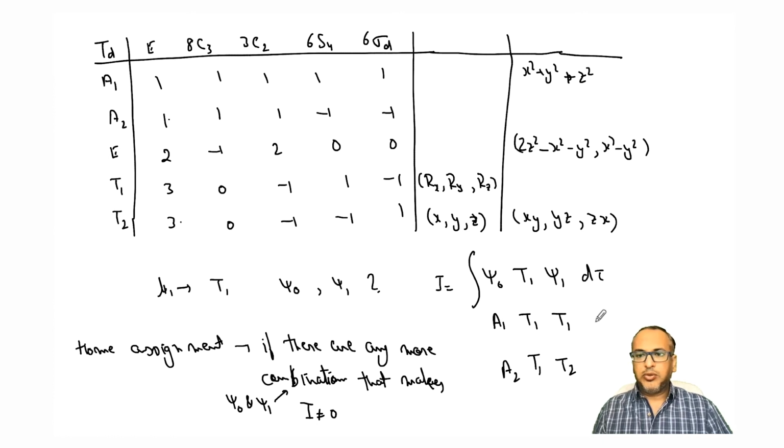So these are the two possible combinations that I have just told you by using the direct product rules. But you can take different combinations. You can place different irreducible representations here and see whether the triple direct product contains the totally symmetric representation or not, and accordingly tell what the answer will be.